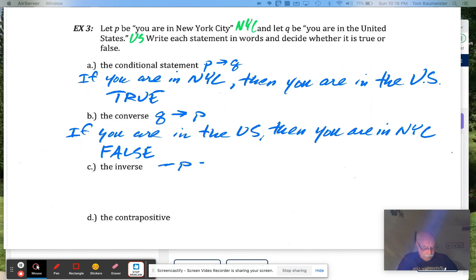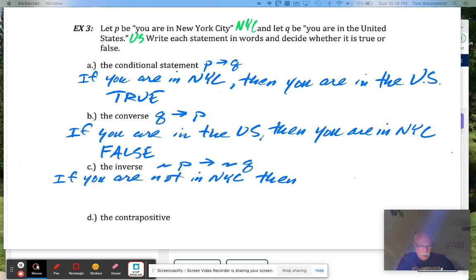So not P implies not Q. All right, so that will say, if you are not in New York City, then you are not in the United States.